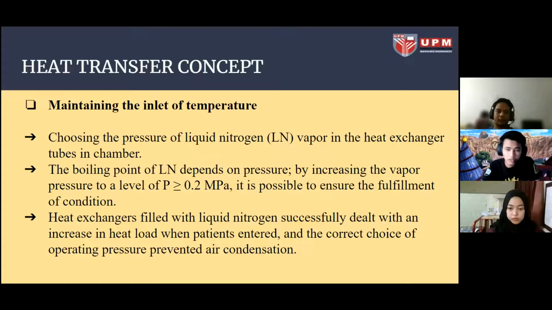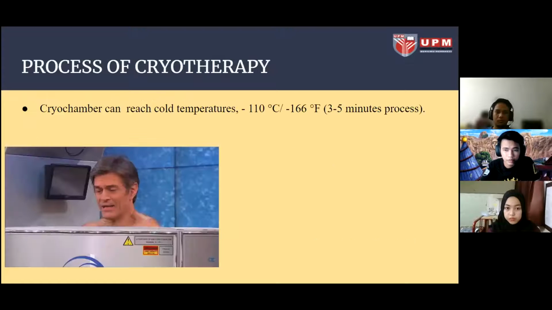So it is possible to maintain the inlet temperature. The heat exchanger filled with liquid nitrogen successfully deals with an increase in heat load when a patient enters, and the correct choice of operating pressure prevented air condensation. I think that's all from me.